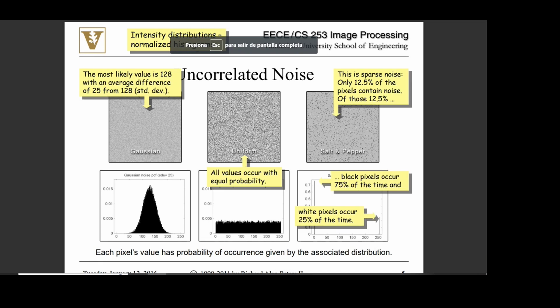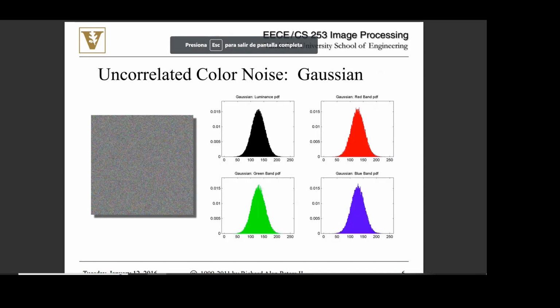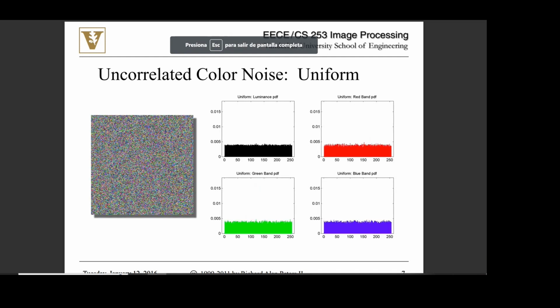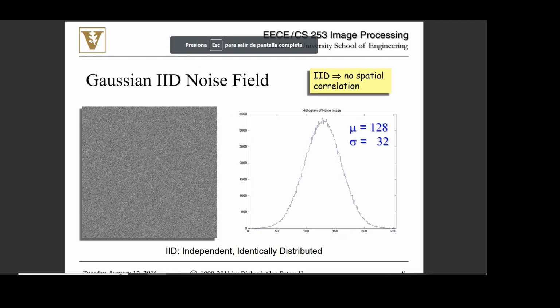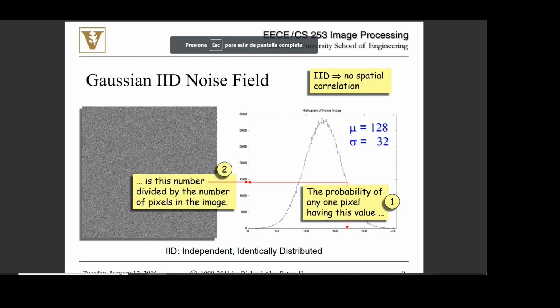Okay, and you can also have Gaussian noise in color images, where each one of the bands has a Gaussian distribution. You can have a uniform distribution in each color band. And this is just an example of a Gaussian noise image.